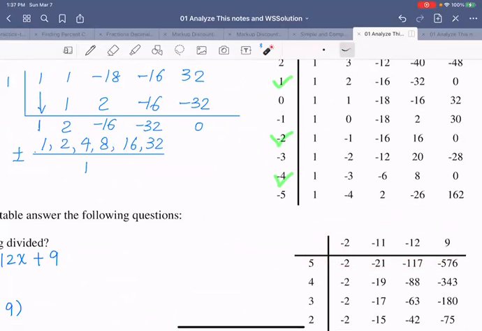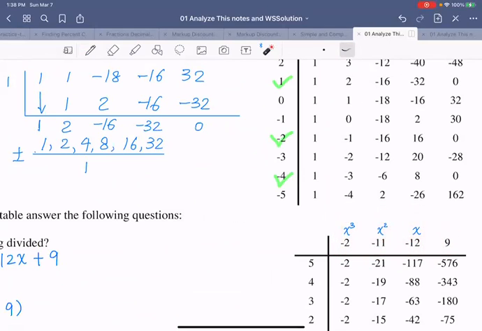Negative 2x cubed minus 11x squared minus 12x plus 9. Nine corresponds to the constant term. This is the x term, this is the x squared term, and this is the x cubed term. So it's this times this, this times this, this times this, and then plus this.